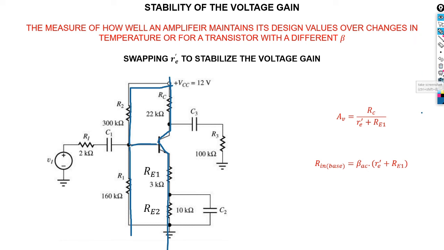But now if you have to do your calculation for the AC circuit, look what happens. You're gonna have this R1, okay, in series with what? A parallel of R1 and R2, as well as R in base here. But look here now what happens. Because of the bypass, we only gonna consider RE1, but RE2 is bypassed.